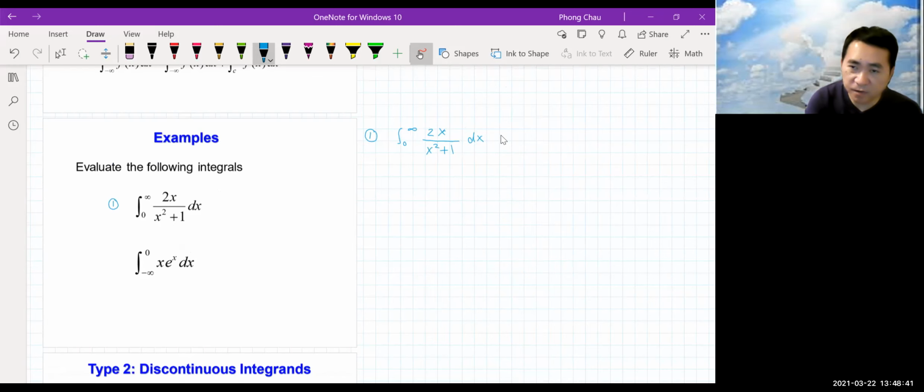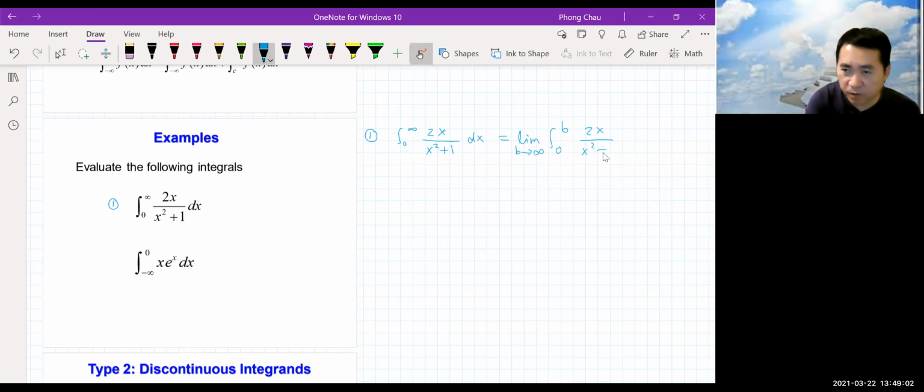Because infinity is not a number, we'll replace infinity with an arbitrary constant b. Then we take the limit as b approaches infinity. So technically we have 2 steps there.